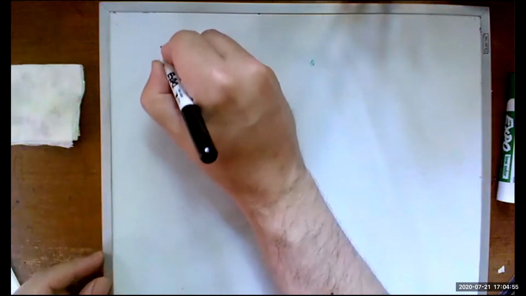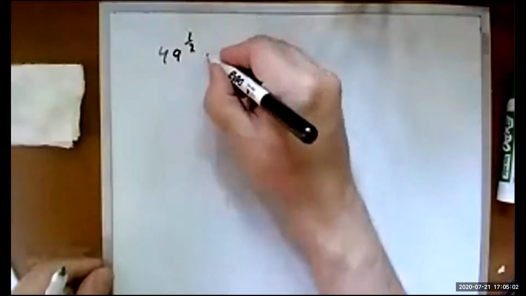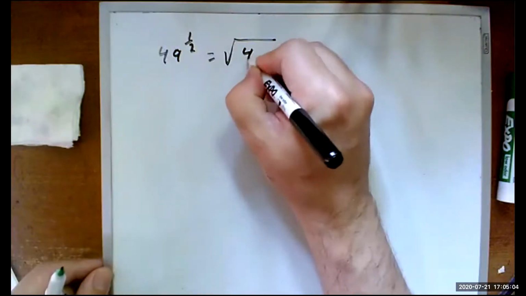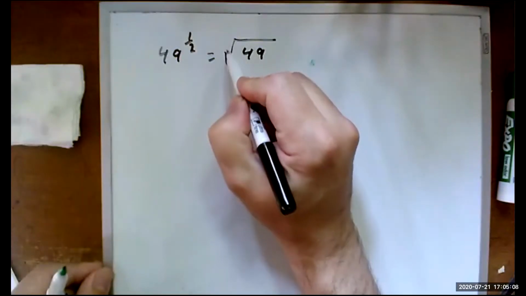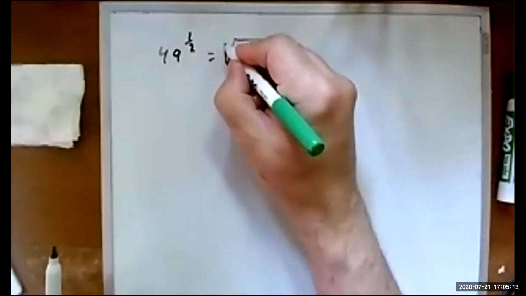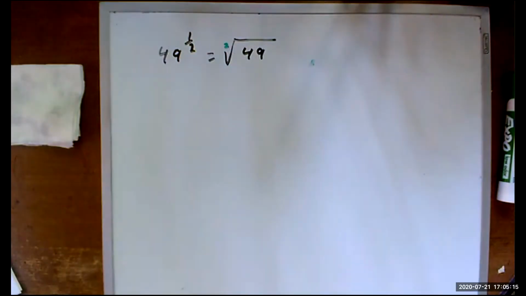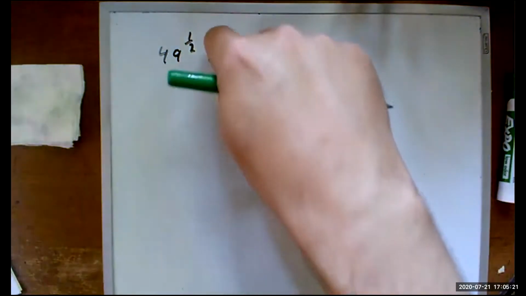So we start off with a fairly straightforward example. If I have 49 to the power of 1/2, it's the same as saying I would like the square root of 49. It's worth noting you don't often see the 2 that goes in here. It's implied. If you don't see it, you assume that there is a 2 there. That's what we mean by the square root.